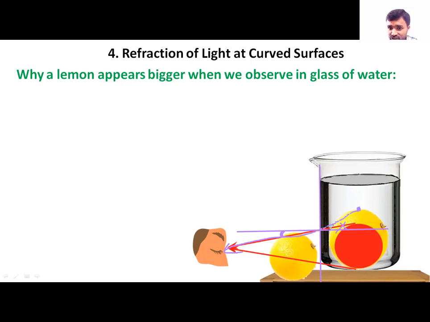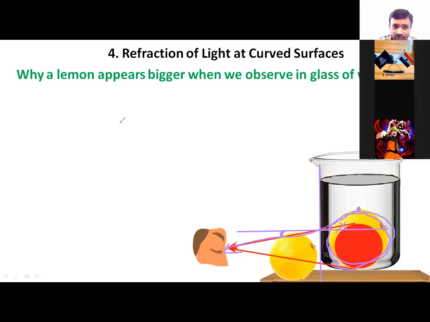So your eye estimates the size of the lemon like this because of that bending light ray. Is it clear, everyone? This is the reason for observing the lemon in a bigger size in a glass of water.